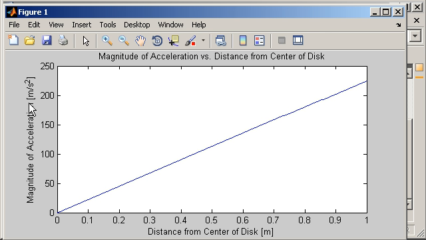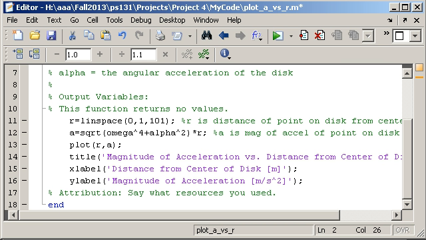Y-axis, magnitude of acceleration, in meters per second squared, in square brackets, check. And there must be an appropriate set of tick marks labeled with values on each axis, tick marks with values on both axes. I think we're in good shape. So let's call that a wrap for project 4, video number 3.